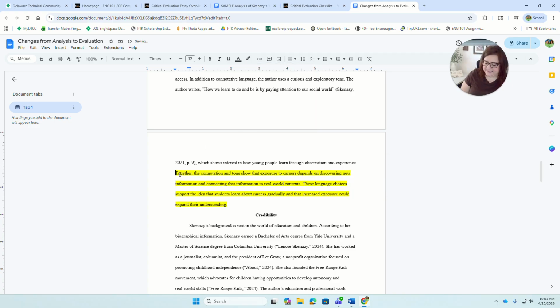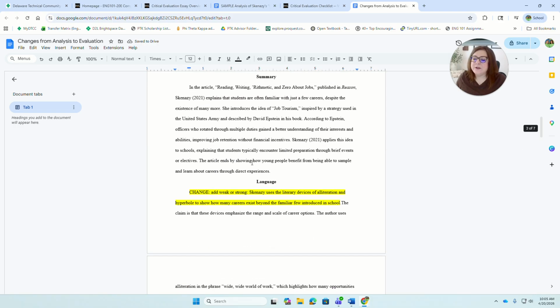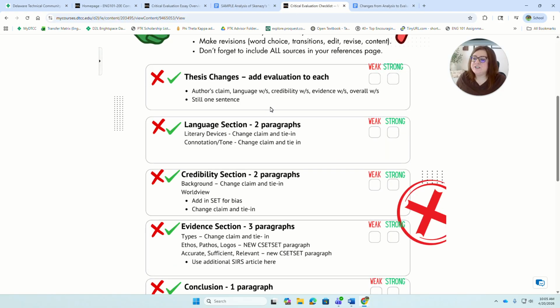I'm going to say I need to change right here. All right? Now, language is pretty simple because we're not doing a lot of wacky stuff. We're really not doing any other wacky stuff here until we get to worldview. So let me show you how to change your analysis into worldview and bias.